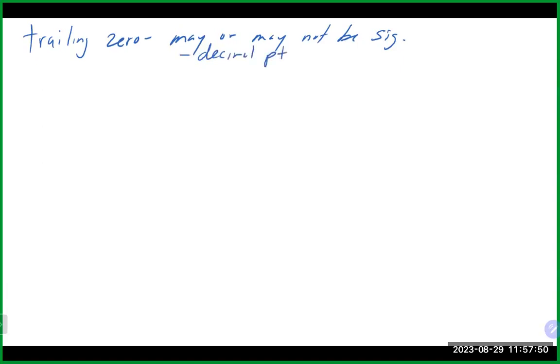If there is a decimal point in the number, then they are significant. So if I had something like 600 written like that, how many significant figures does it have? It does have 1. The 6 here would be significant. These zeros are not significant because there is not a decimal point actually written, although we sometimes assume it's at the end. It does need to be written when you're counting significant figures. So if you do not see it, it is not there. So this would have 1 significant figure.